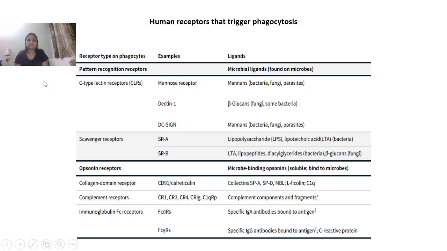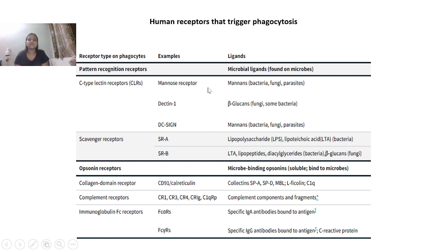Here you can see the different kinds of human receptors that trigger phagocytosis. As I already told, not all will be pattern recognition receptors; there will be other receptors also. C-type lectin receptors, for example, are the mannose receptor, dectin-1, and DC-SIGN, which is a receptor for both dengue as well as HIV.